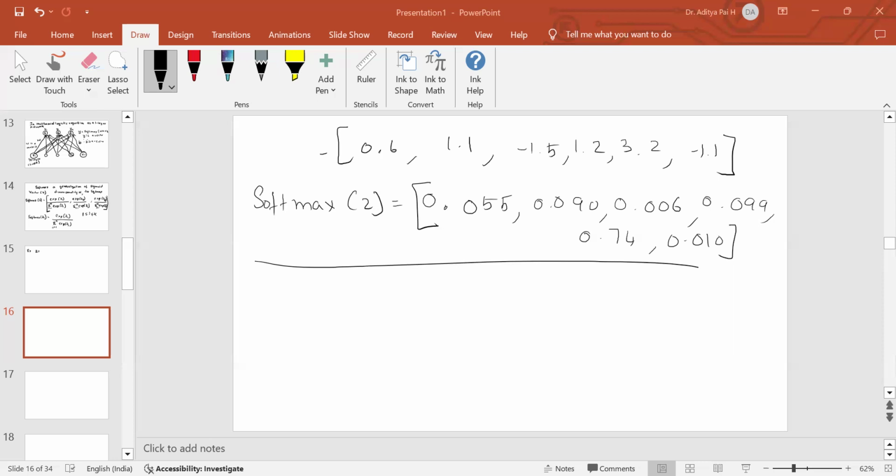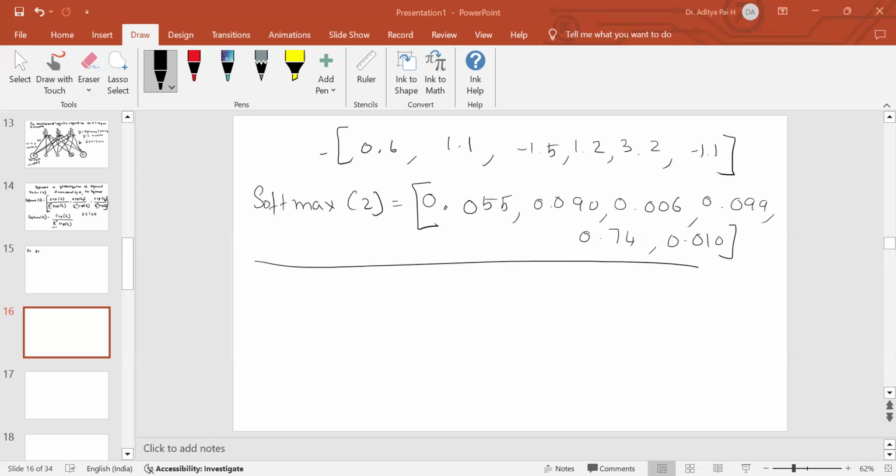Now the activation function applied for this can also be a ReLU, and for the output normally the preferred one is the sigmoid for a single output node, or softmax for multiple nodes. So this a of 0 is nothing but the previous output.